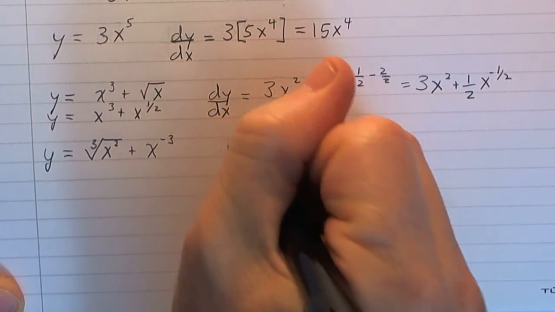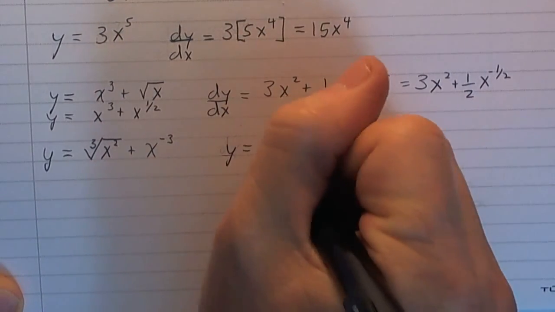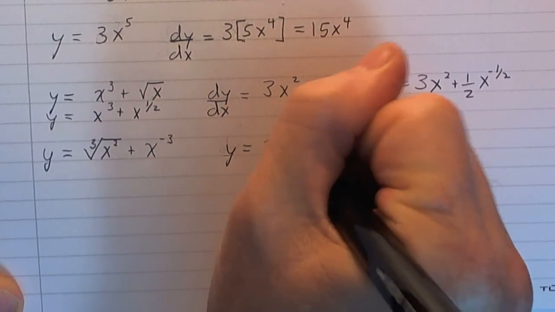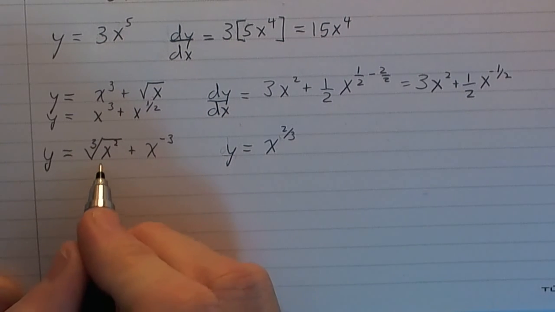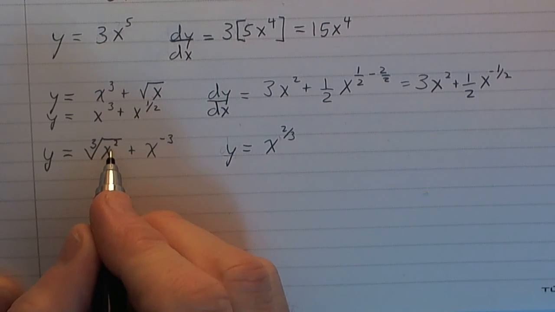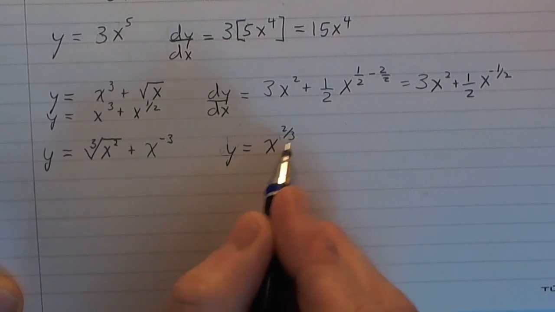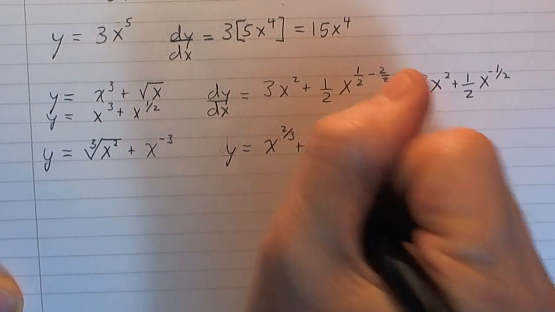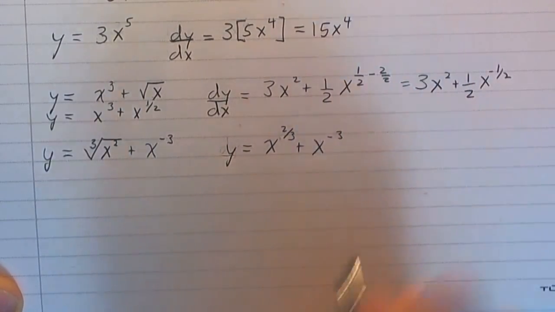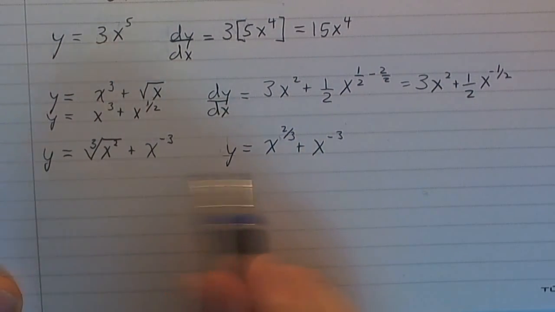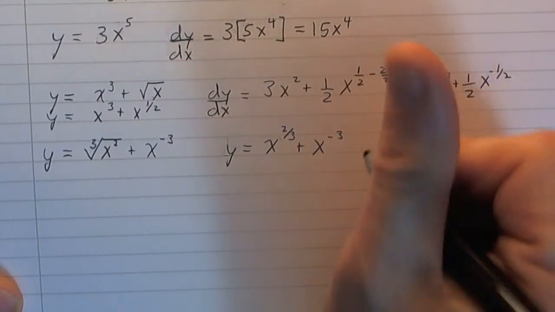We've got y equals, this is x to the 2/3 power, right? That's what that is. The power goes on top and the root on the bottom, right? Plus x to the negative 3. Now that we've got that radical gone, we can differentiate.